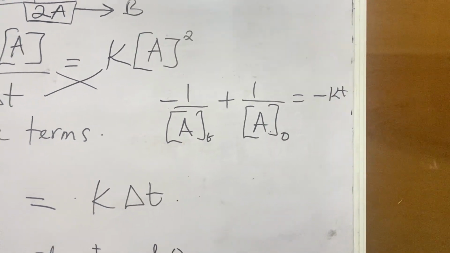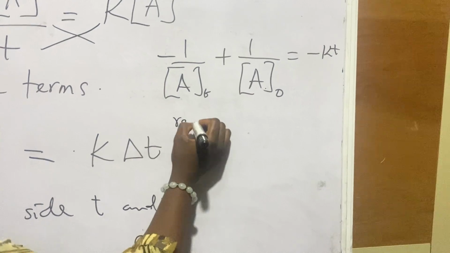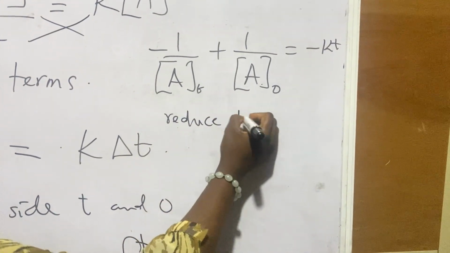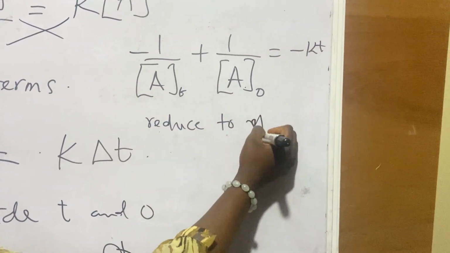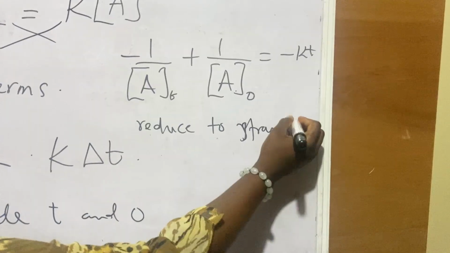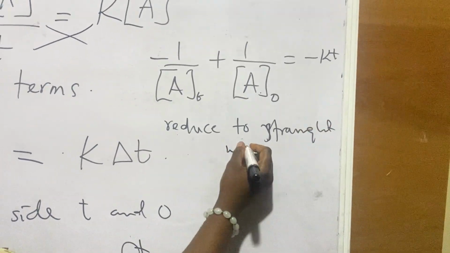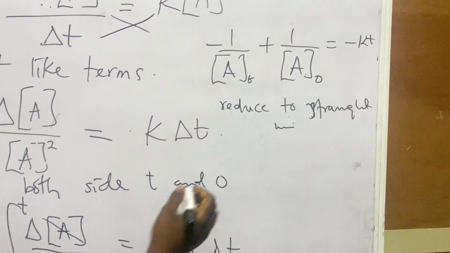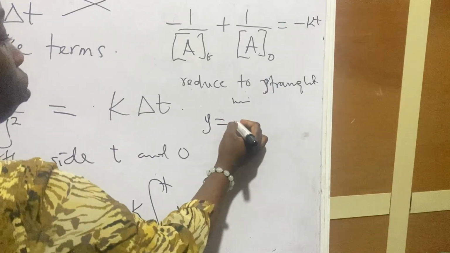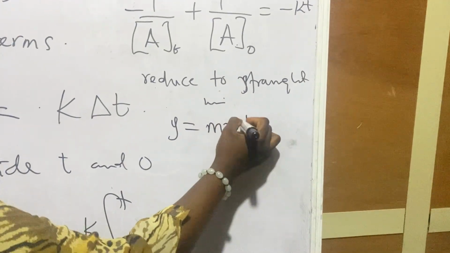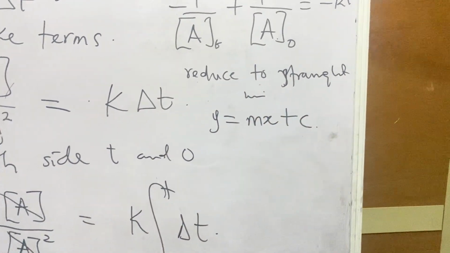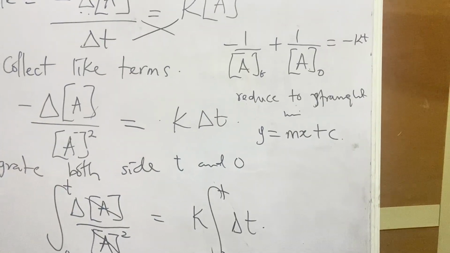Now, the next step is to reduce this, reduce to what? A straight line graph. And we know that the equation for a straight line graph is y equals mx plus c. So sorry, I'm going to wipe the board.